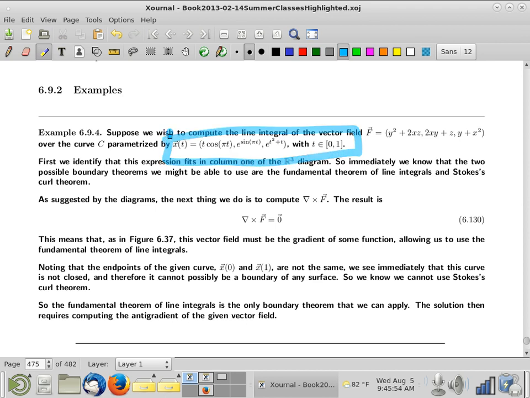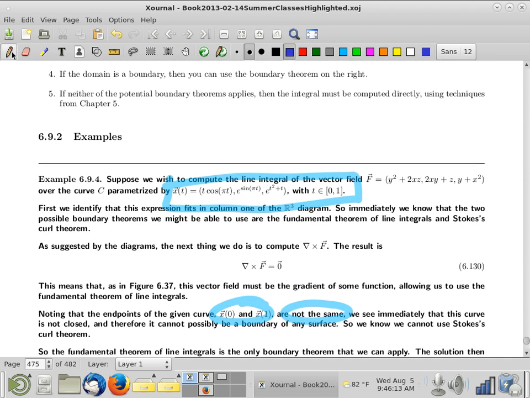But what you can do is just plug in the endpoints. Plug in t equals 0, plug in t equals 1, and write down what those two points are. You're going to find that they are different points. So the starting and ending point are not the same. That means that in some form or fashion, the curve looks kind of like this.